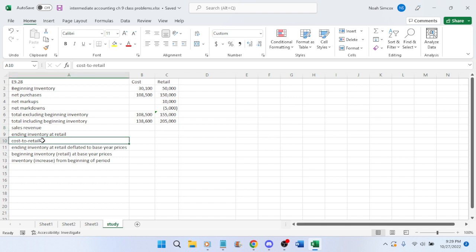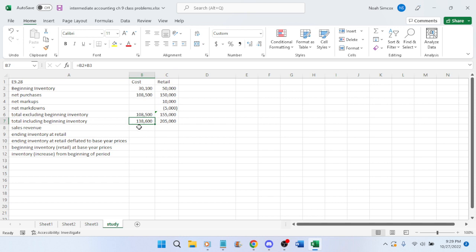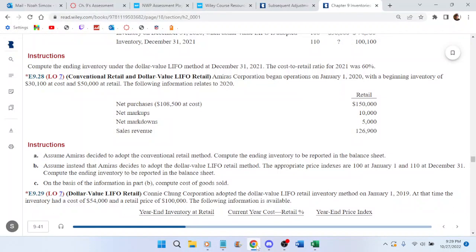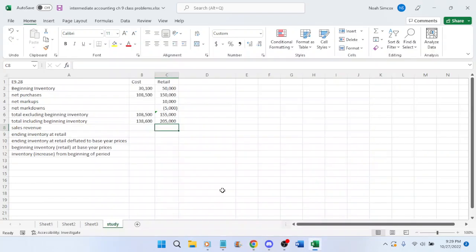Okay, we're gonna delete the cost of retail thing. We're gonna have sales revenue negative 126,900. Ending inventory at retail equals this plus this.